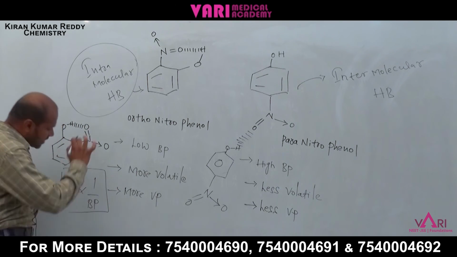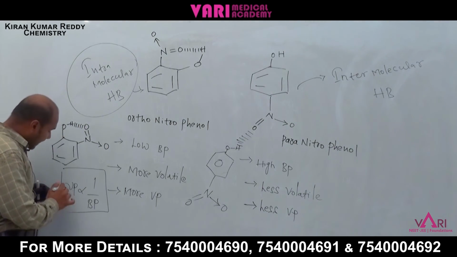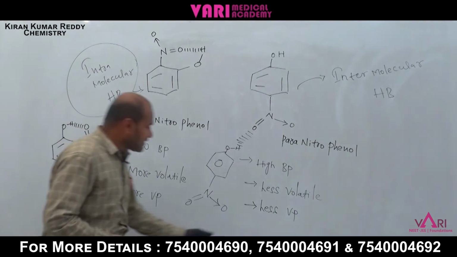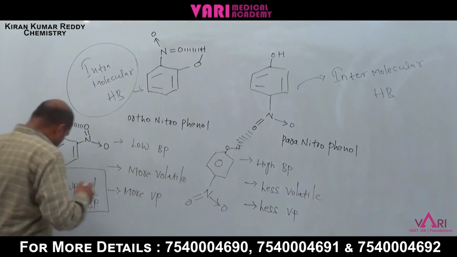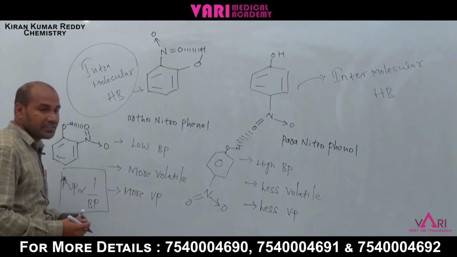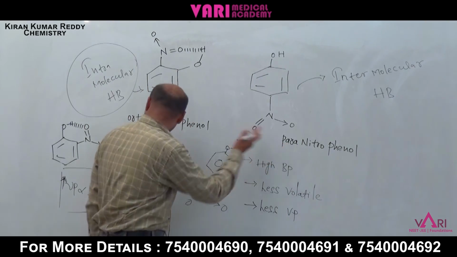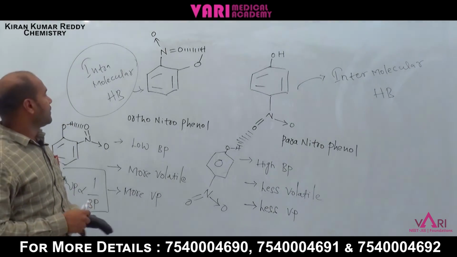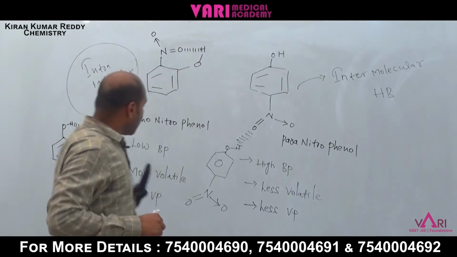If vapor pressure increases, boiling point decreases. If less vapor pressure, then more boiling point. Here vapors are easily formed. This is the example of intramolecular and intermolecular hydrogen bonding.